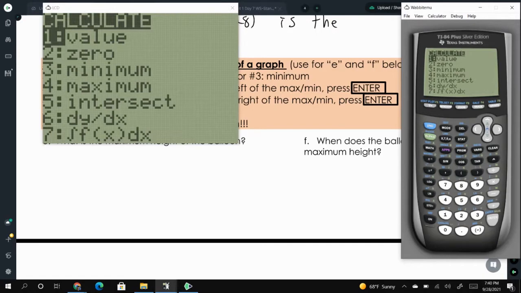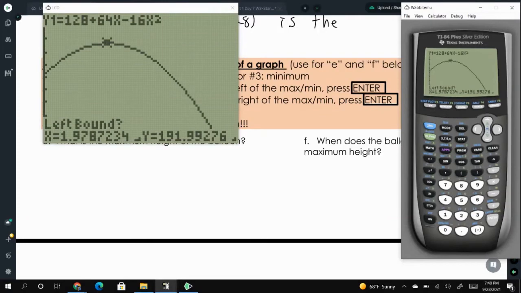And you see you have value, zero, minimum, maximum, intersect, and some stuff we use for calculus. This problem has a maximum, so we want to go down to max. And where it says left bound, we want to be to the left of what appears to be the maximum. You do not need to be exact. We know our maximum is somewhere around where the cursor is, so I'm going to go to the left.